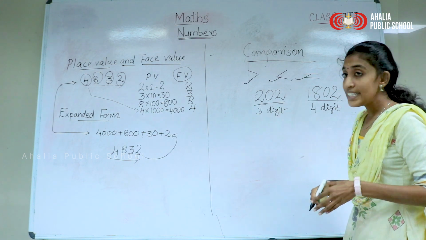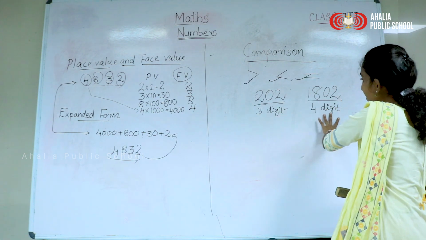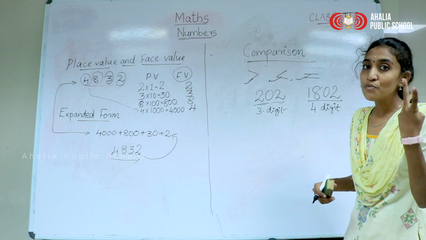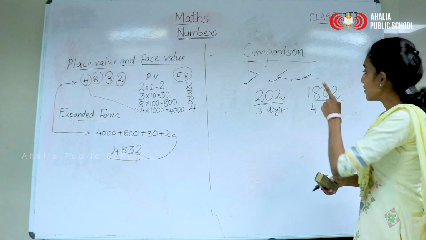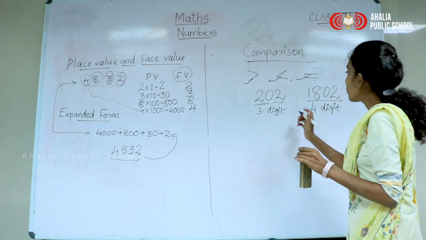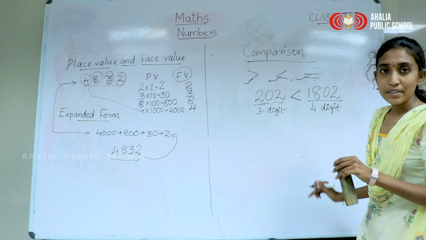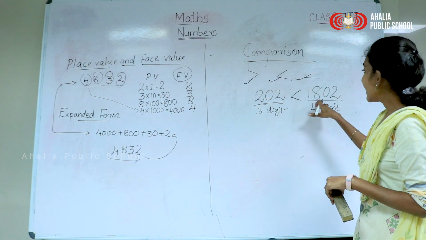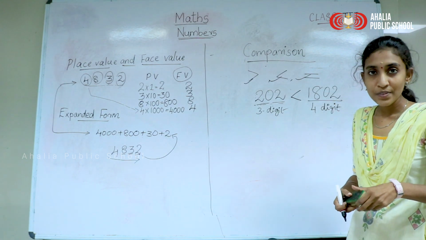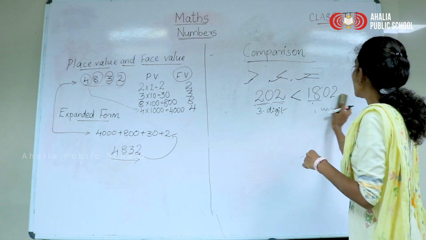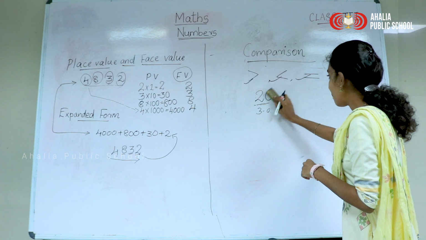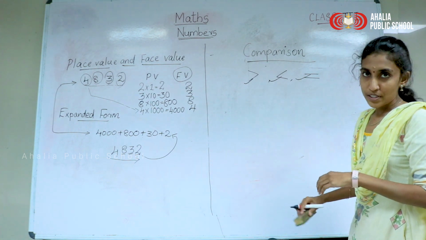Here we have only 3 digits, but here we have 4 digits. So which is greater? Yes, the 4-digit number. So we put the open mouth symbol towards the 4-digit number, that is 1802. Clear?